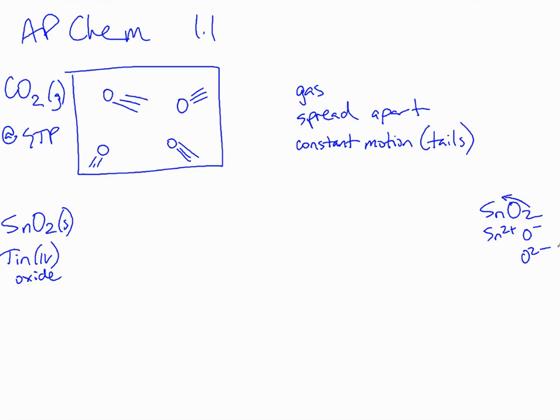Oxygen's 2 negative, which means this needs to be tin-4 plus. That's maybe a topic for later. If we need a refresher on that, I'll do it. I plan on making some specific videos with charges and ionic formulas because that seems like probably the biggest issue that most students have.